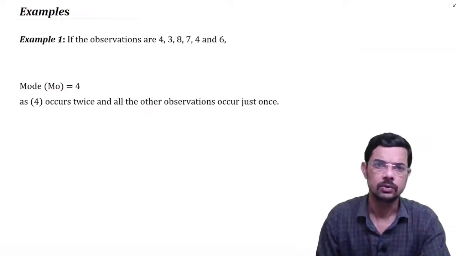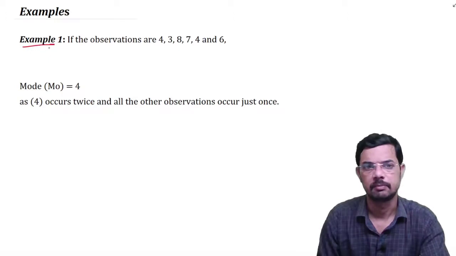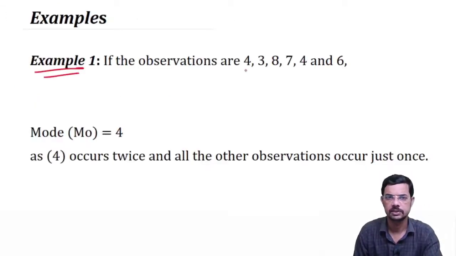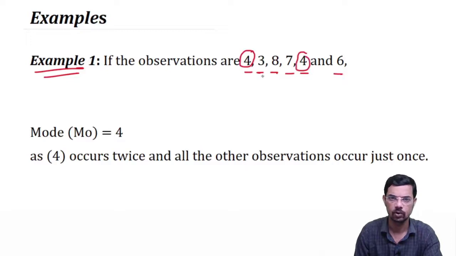Look at example 1. Here we have observations as 4, 3, 8, 7, 4 and 6. We can clearly observe that the observation 4 is repeated 2 times. All other observations occur only once.